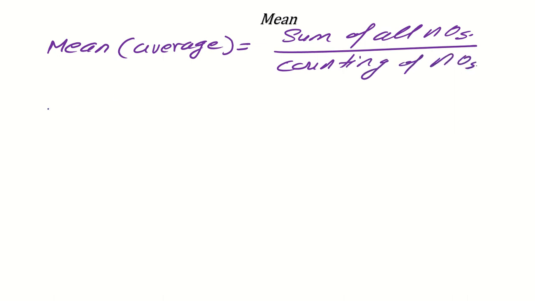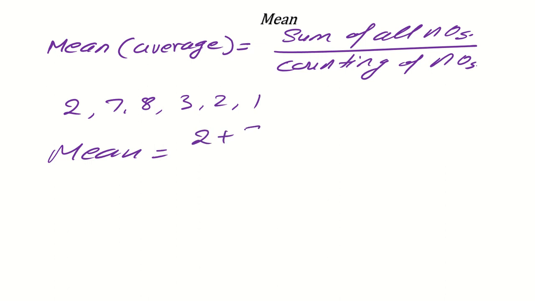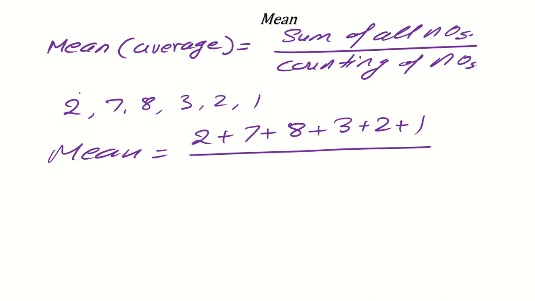Okay, for example, say you have 2 7 8 3 2 1 like this, and you need to find the mean. So mean will be equal to what? Mean is equal to 2 plus 7 plus 8 plus 3 plus 2 plus 1, and that divided by how many numbers? 1 2 3 4 5 6. That is called counting of the numbers.